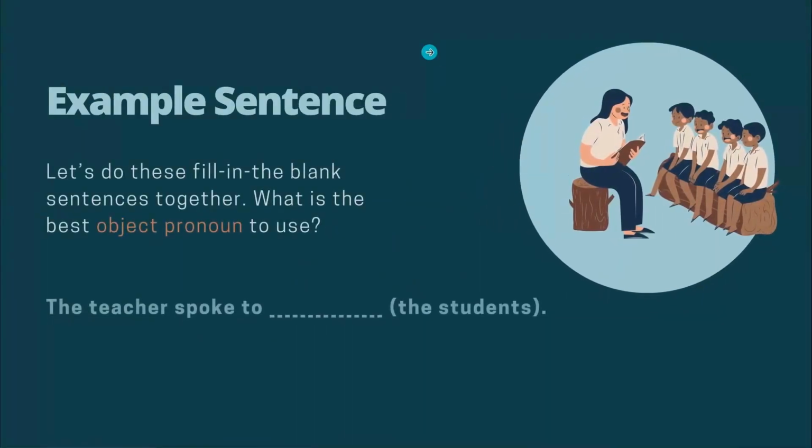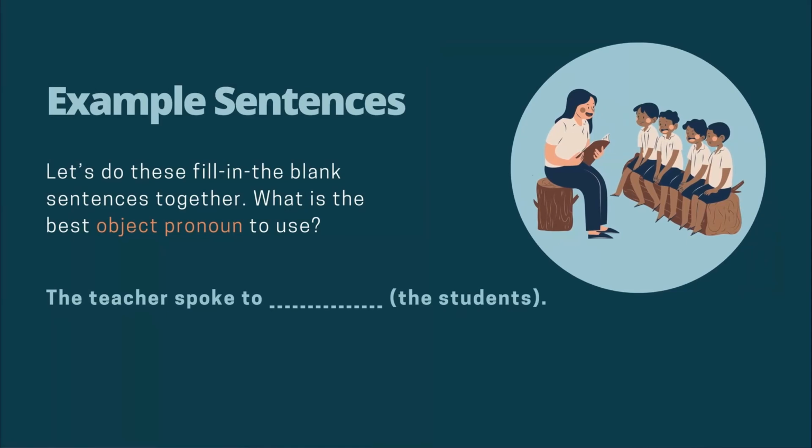So let's look at some example sentences, and we'll do the fill in the blank sentences to see what is the best object pronoun to use. So we have the teacher spoke to, and then the students. So here we have plural, many. So we're going to use them.